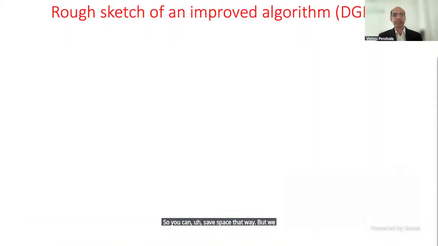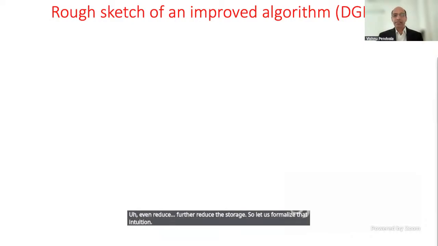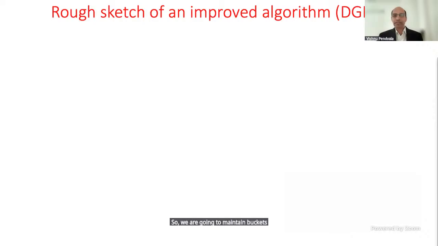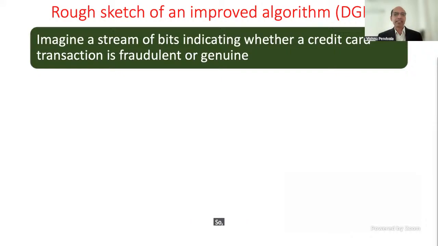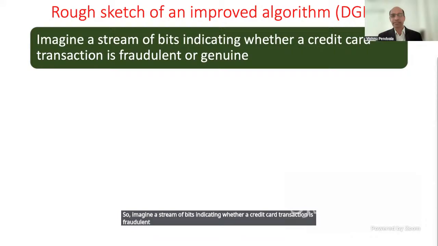But we want to improve further. We want to even further reduce the storage. So let us formalize that intuition. We are going to maintain buckets like before, each storing the number of ones and a timestamp for when it started. And just like before, imagine a stream of bits indicating whether a credit card transaction is fraudulent or genuine.